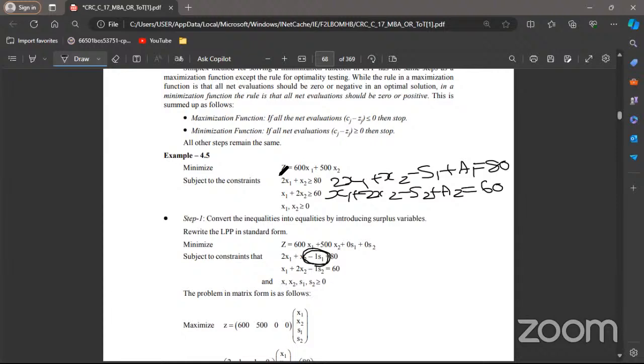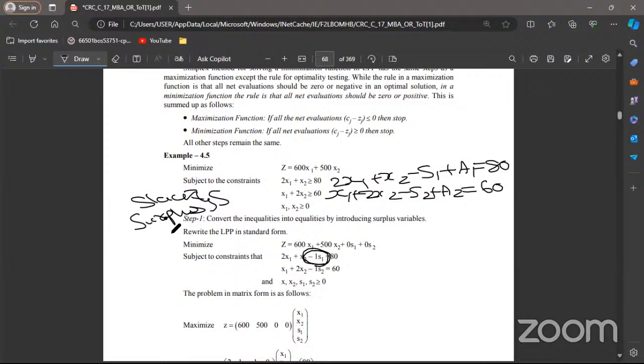Now, in the objective function, I will write down the contribution of slack and surplus variables; both are denoted by S only. If you are adding, it is known as slack. If you are deducting, it is known as surplus. That's the only difference.